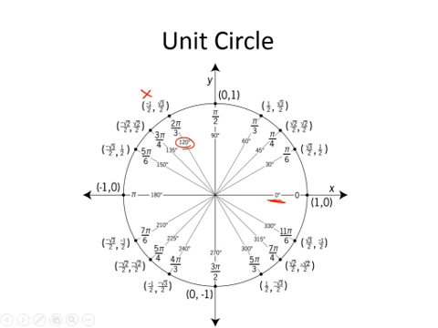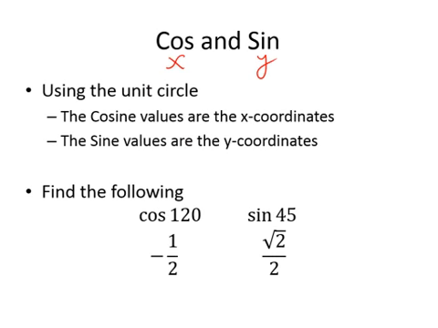So the cosine of 120 is -1/2. For sine of 45, we go to 45 degrees and take the y value, which is root 2 over 2. So we end up with -1/2 and root 2 over 2. That's how we read our sines and cosines.